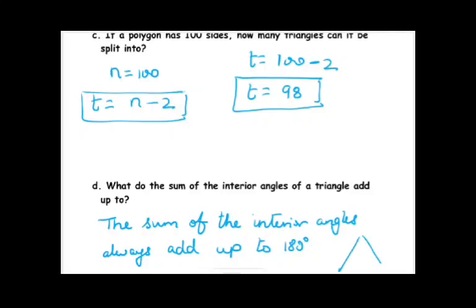That means if I have a triangle, this angle plus this angle plus this angle, the sum of all the 3 angles will always be 180 degrees.